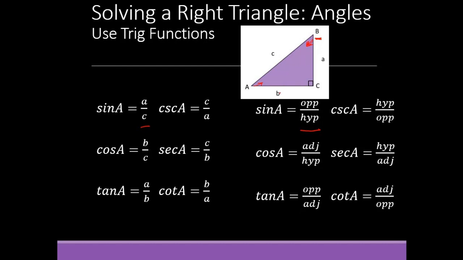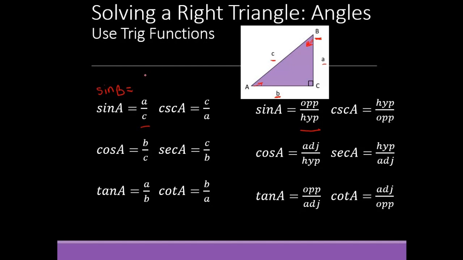So now B is opposite, and C is still the hypotenuse, but A is adjacent. So we would rewrite these for sine B. Sine B would be opposite over hypotenuse still, but it's going to be different letters.